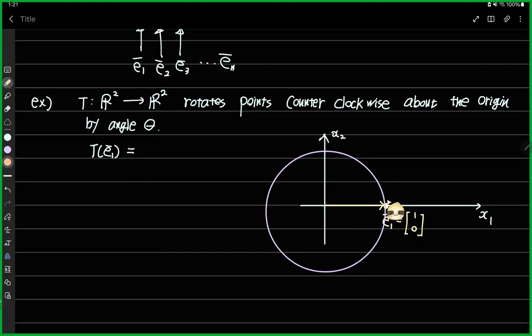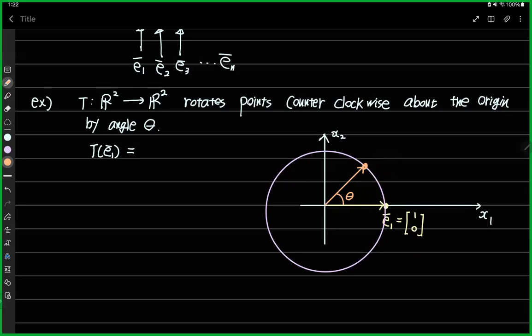Let's say we want to rotate E1, this point, counterclockwise by angle theta. Theta is right here. What's the coordinate of this point? The coordinate of this point is going to be cosine theta and sine theta.